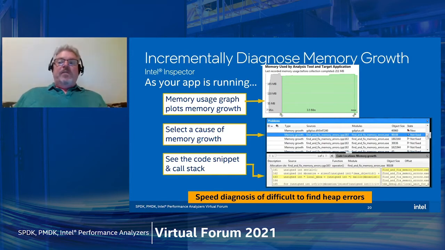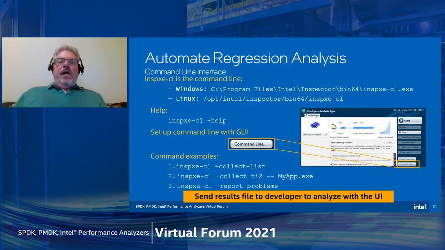So what you can do is set points in your program and measure how much memory is growing between point A and point B. And by selecting that problem, you can actually see what allocation is causing the memory to grow. A lot of times it's not easy to see. It's not easy to determine why am I using so much memory in my application. It's usually because you're not freeing it when you probably should be freeing it.